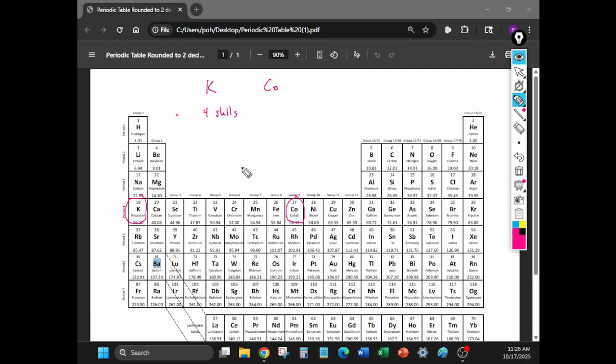So what do we need to look at in order to determine their ionization energy? Protons. Great. So which one has fewer protons? Because that makes it easier. Yeah, K has fewer protons, and so K is going to be your answer. K has a lower ionization energy because since it has fewer protons, same thing as before, it has less attraction to the nucleus, so it's easier to remove that electron.